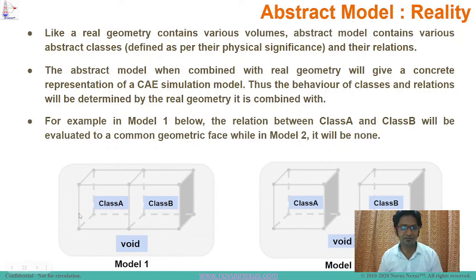For example, if you see this model 1, and I find the relation between these two classes, then it will represent the common geometrical entity, the common geometrical face, between these two classes. But when I try to find the relation between these two classes in model 2, it will not represent any geometrical entity because there are no common entities between these two classes.